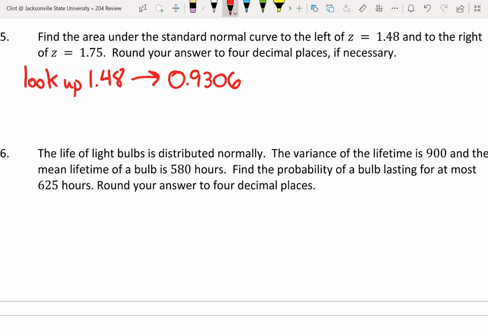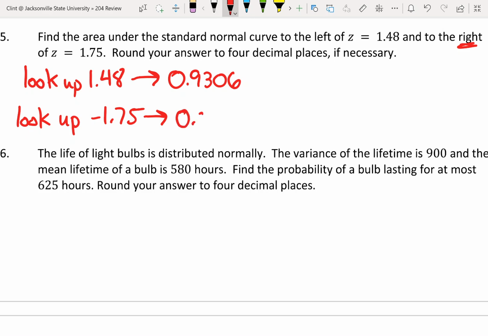And then for the other one, we want the area to the right of it. So I'm going to look up the opposite. So I'm going to look up negative 1.75. Negative 1.75. 0.0401.